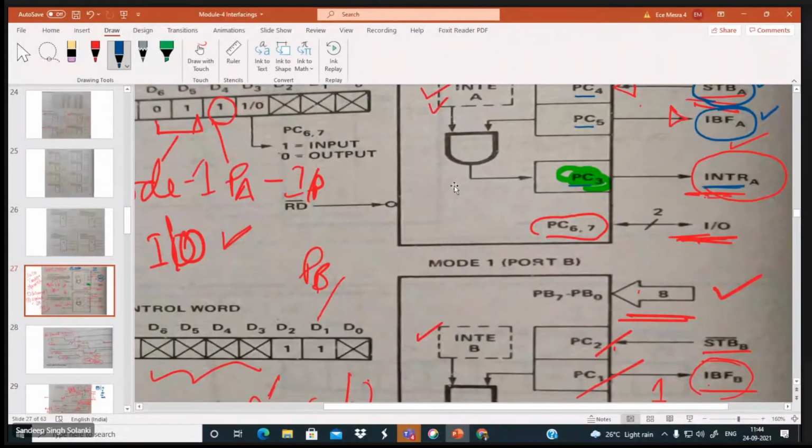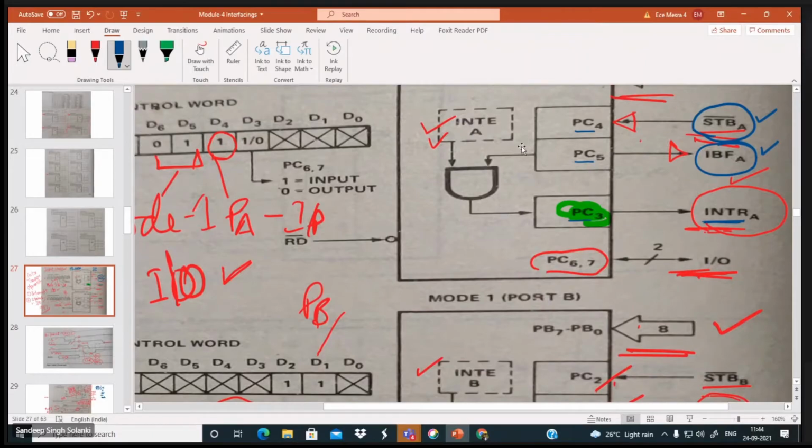See one more thing here. What is that? Internally, these are all external, isn't it? Internally, what you find there is an AND gate, and that AND gate has one input INTE. You know what this INTE is? INTE means interrupt enable.